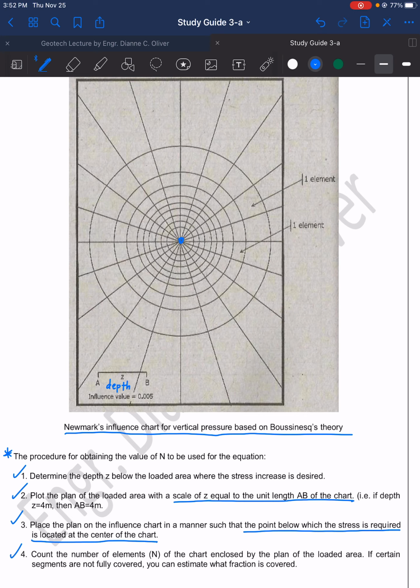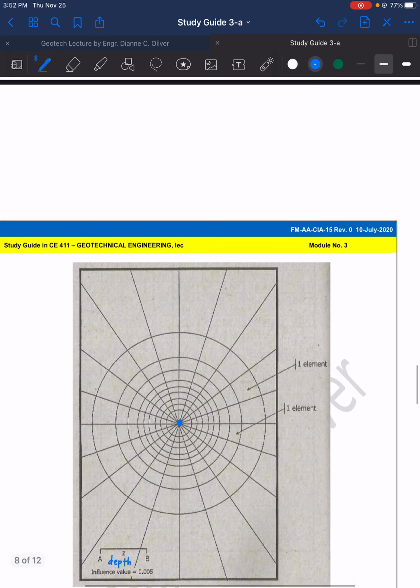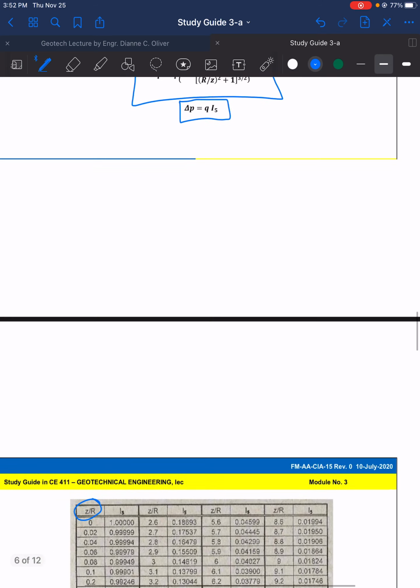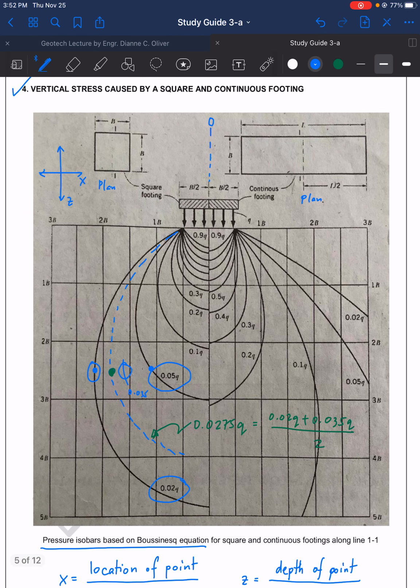Number 4, count the number of elements N of the chart enclosed by the plan of the loaded area. If certain segments are not fully covered, you can estimate what fraction is covered. Okay. So we can show that later on in our sample problem. So these are the 4, 5, 6, 7 formulas to be used for computing the vertical stress increase.